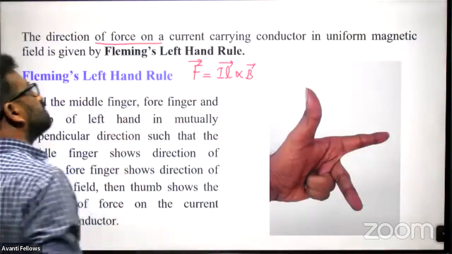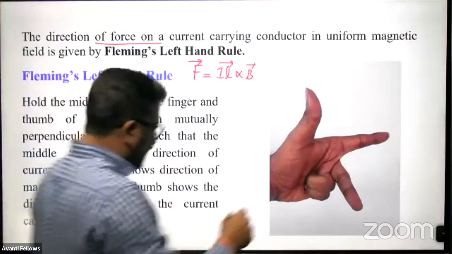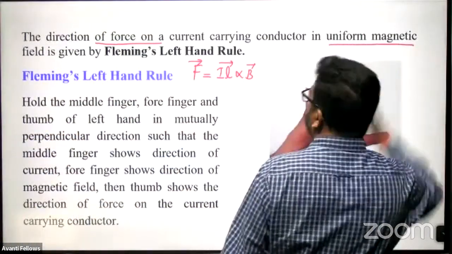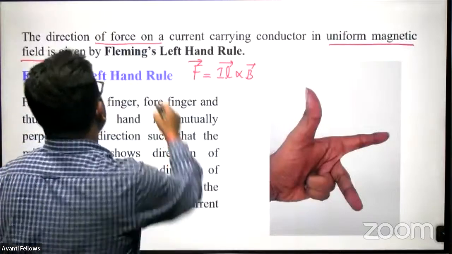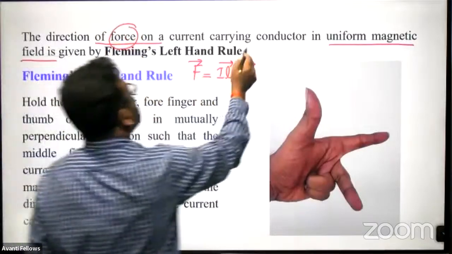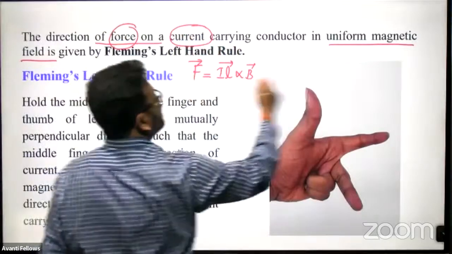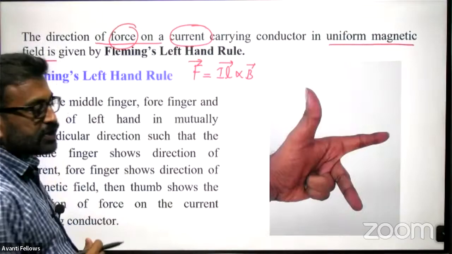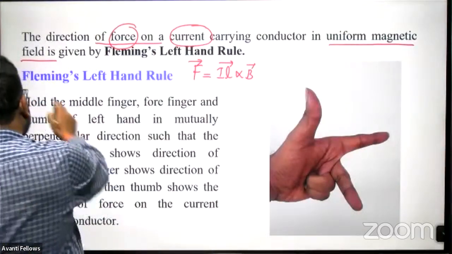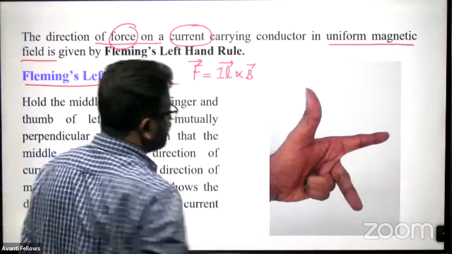So the force experienced by a current carrying conductor placed in a uniform magnetic field involves three things: force, current, and magnetic field. These three will have specific directions, and these directions are governed by Fleming's left hand rule.